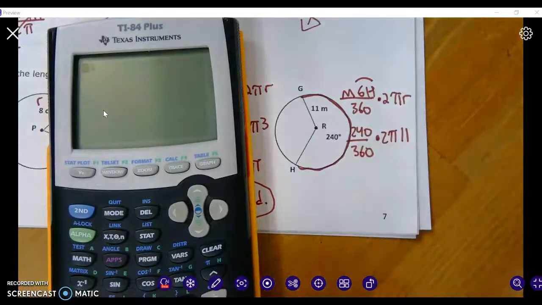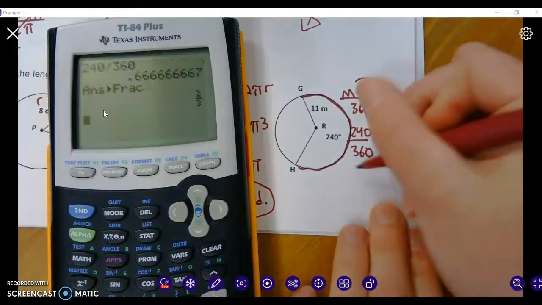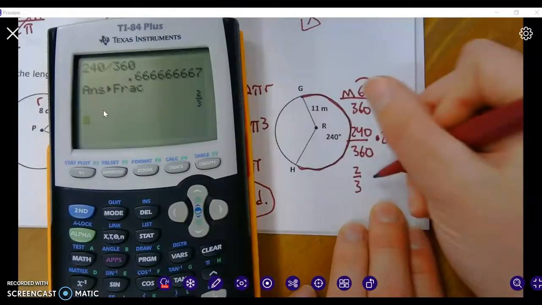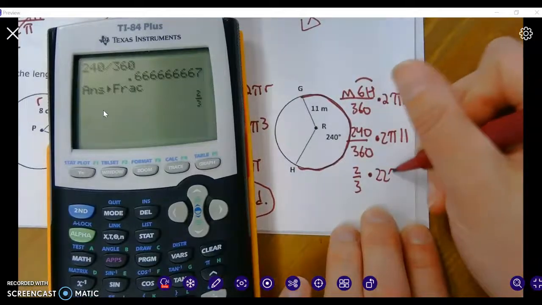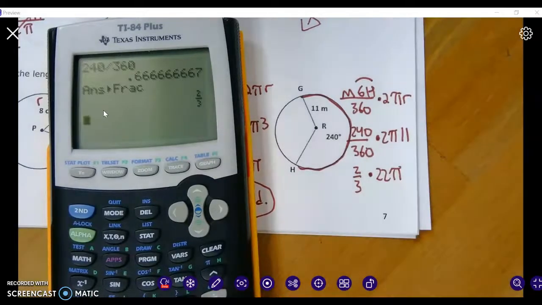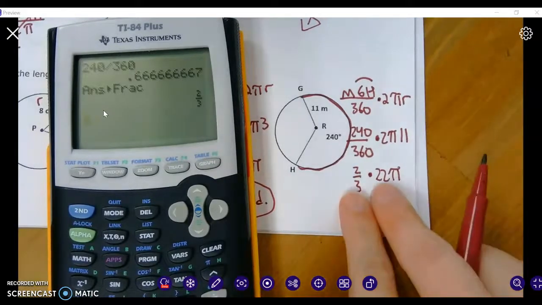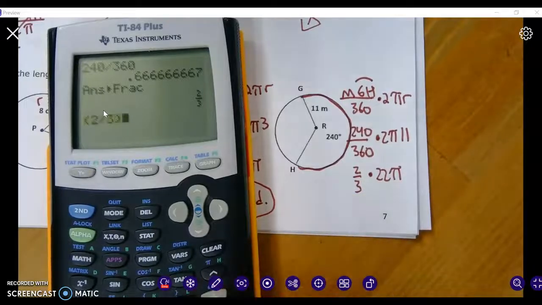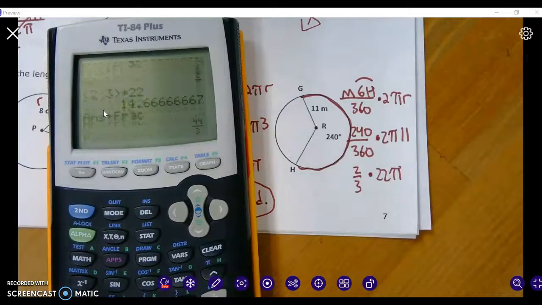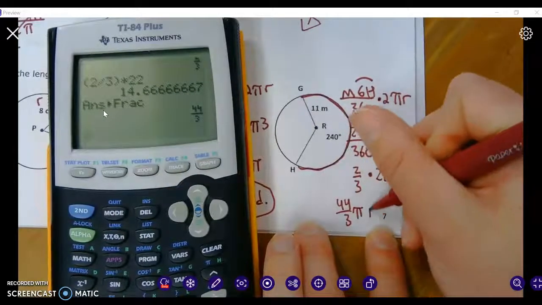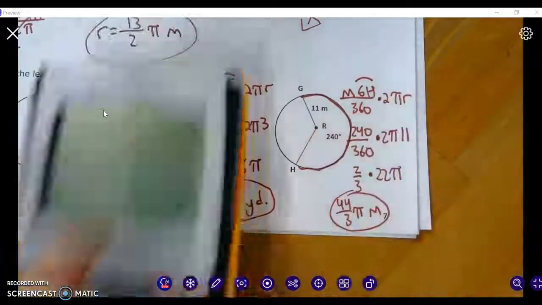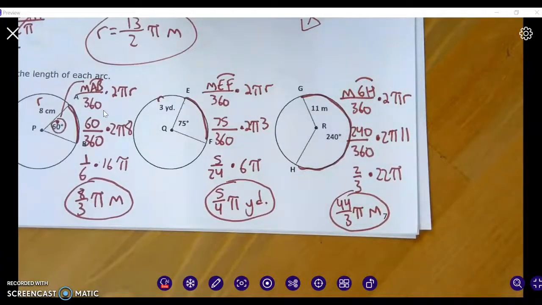My first step is to simplify this fraction. So that's 2/3 times 2 times 11 is 22 pi. Then my last step is to combine these numbers. So I have 2/3 times 22, and change that to a fraction. So 44/3 pi meters. Okay, and that is 10.6.